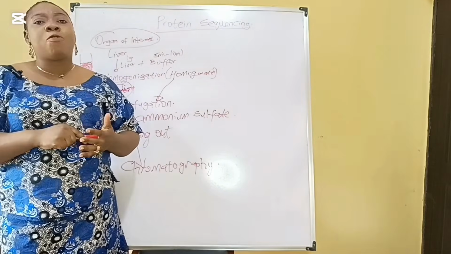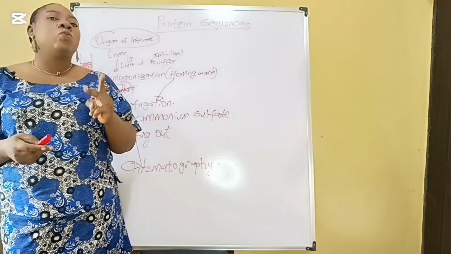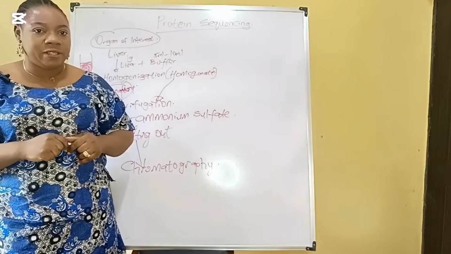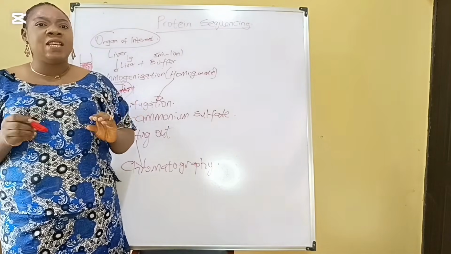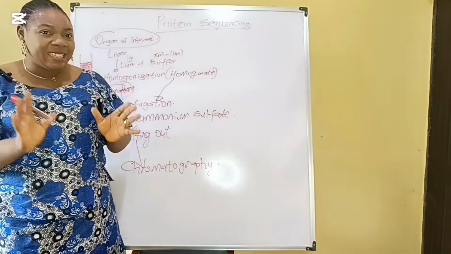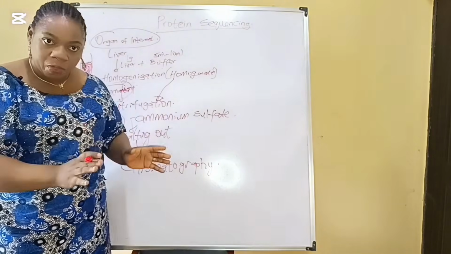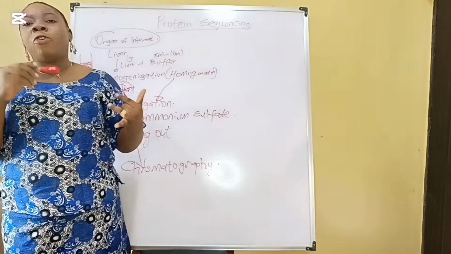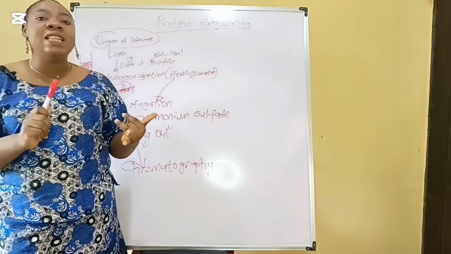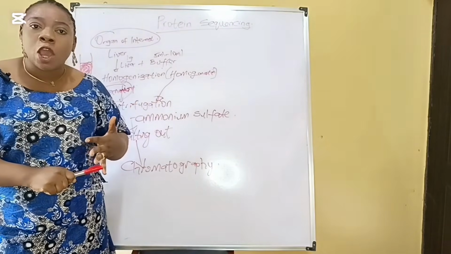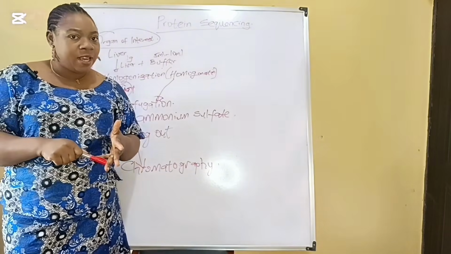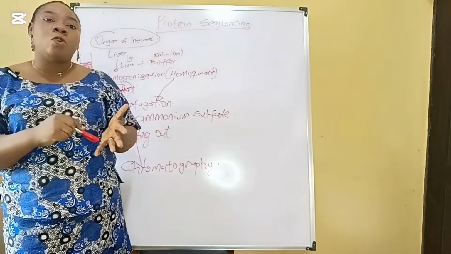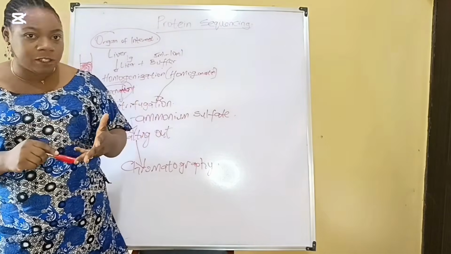The principle behind chromatography is that it works with two phases. We have the stationary phase and we have the mobile phase. The stationary phase, as the name implies, is stationary, it doesn't move. And the mobile phase can move. The stationary phase can either be a solid phase or a liquid phase, but the mobile phase can either be a liquid phase or a gaseous phase.